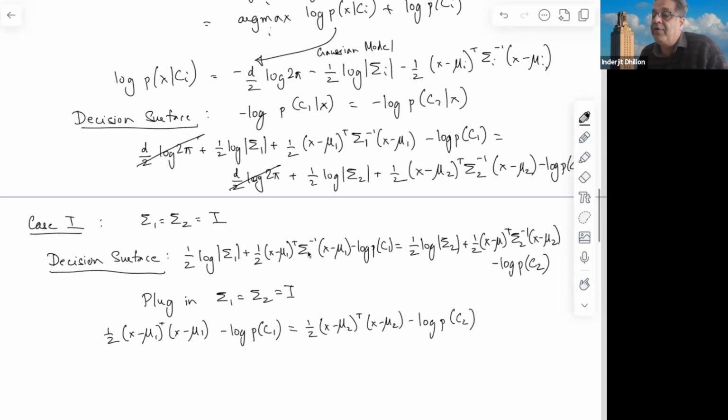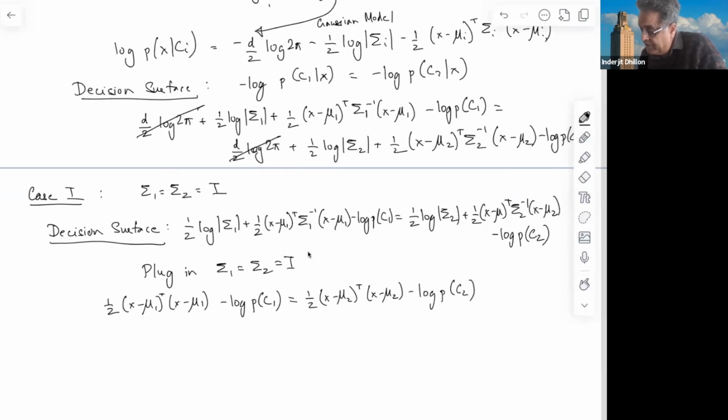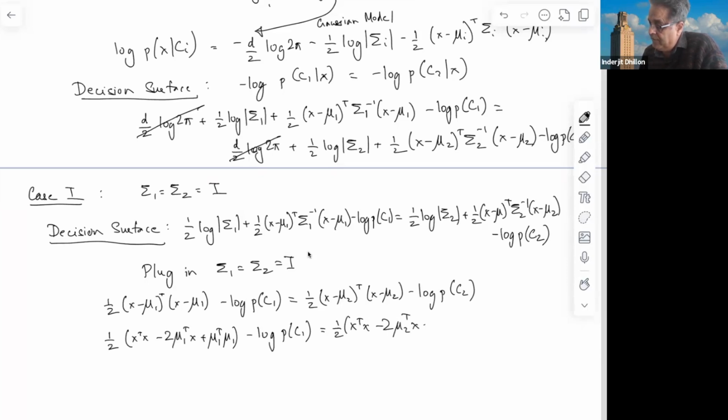Okay, and now if I want to expand this out, just like before, I'll see that it is 1/2 of X transpose X minus 2 mu1 transpose X plus mu1 transpose mu1, minus log of PC1, is equal to 1/2 X transpose X minus 2 mu2 transpose X plus mu2 transpose mu2, minus log PC2.